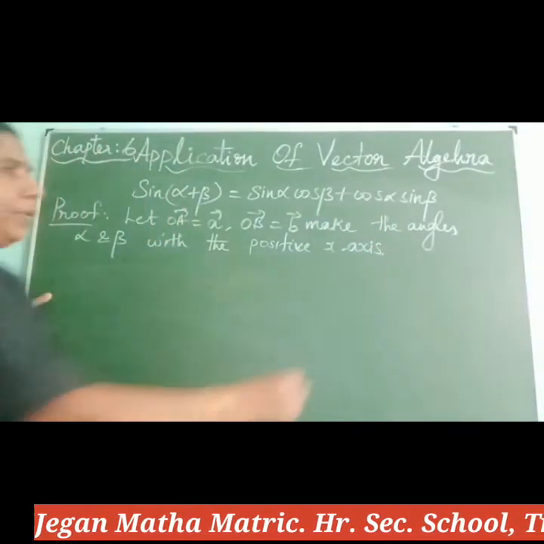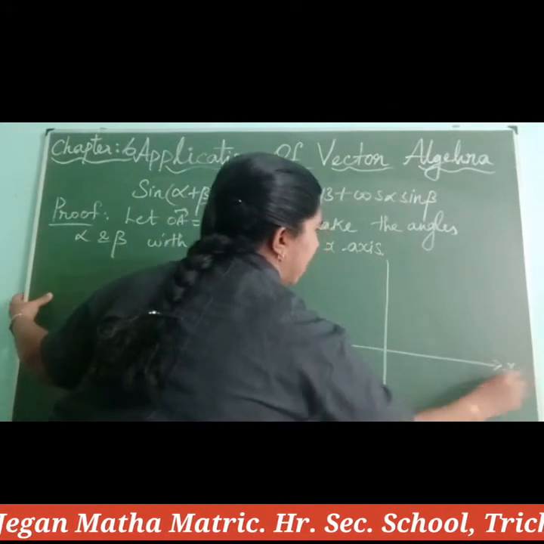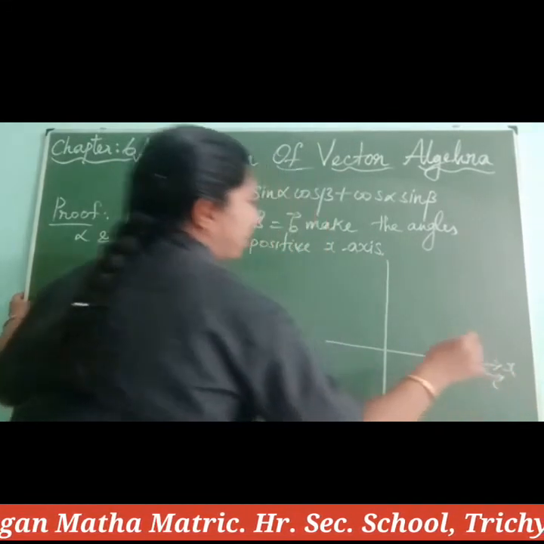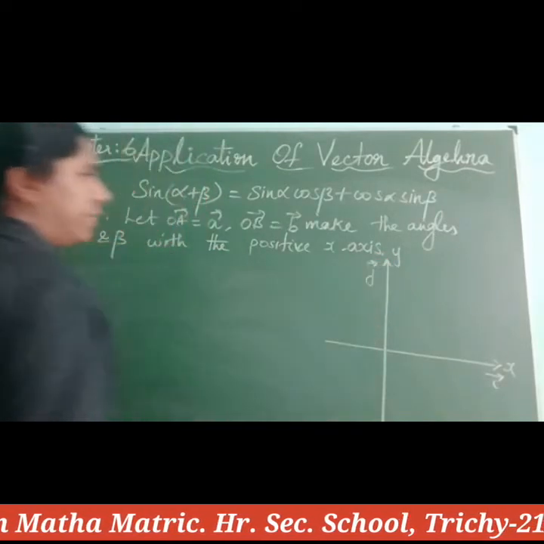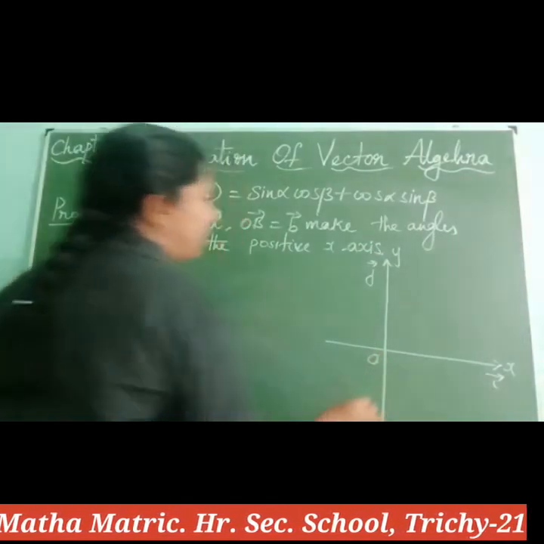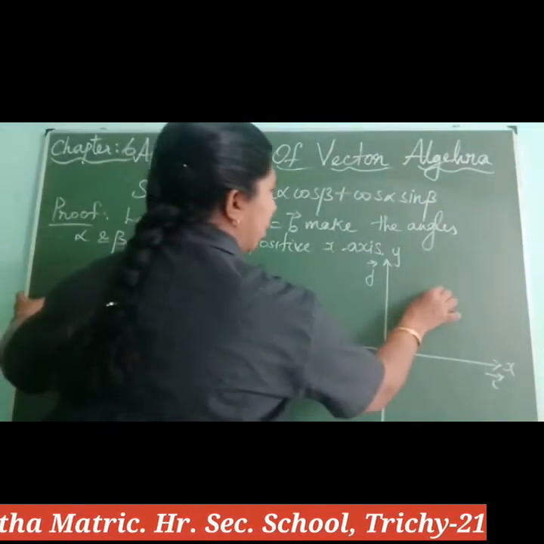Now you can draw the figure for that. This is the x-axis, along the x-axis means i vector, along the y-axis means j vector. This is the origin.